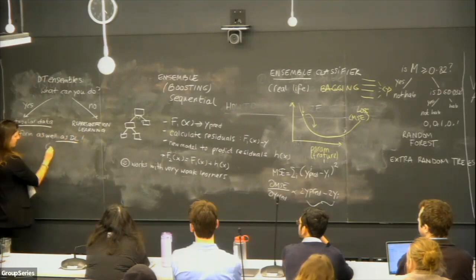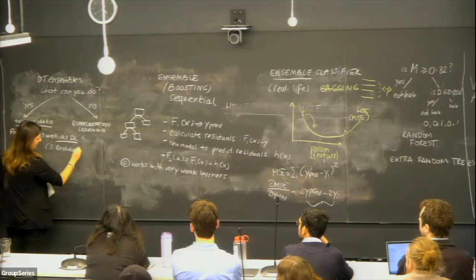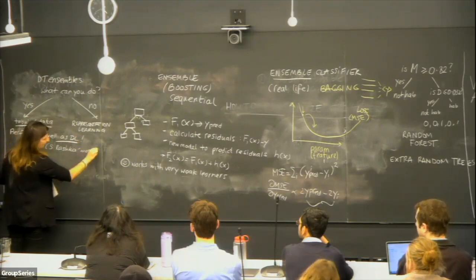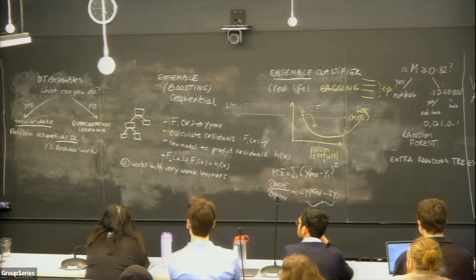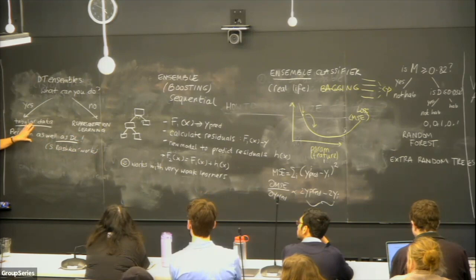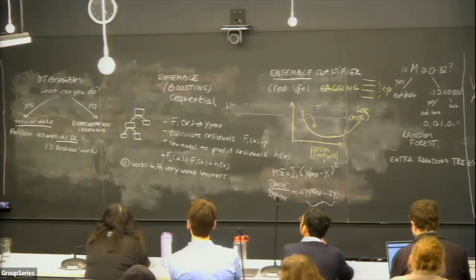Sebastian Raschka has a lot of work on these. Many other people too, but this is the one that I'm most familiar with. He has a repository of datasets and problems where you can see that in many cases, this works as well as a neural network, with the additional advantage of being fast.